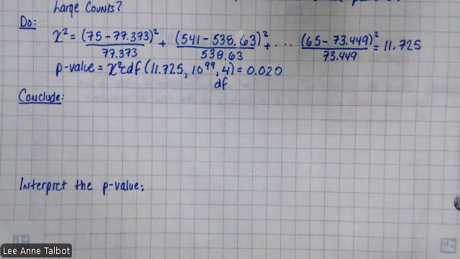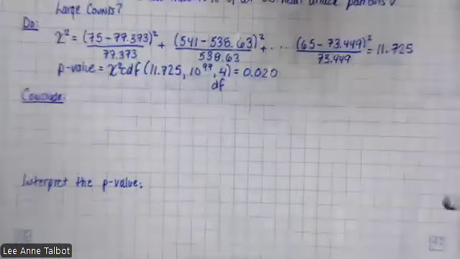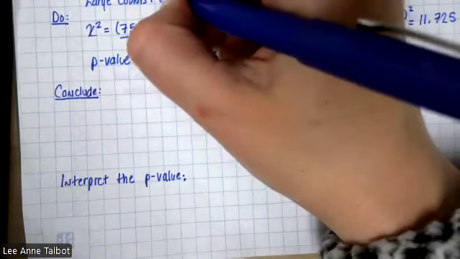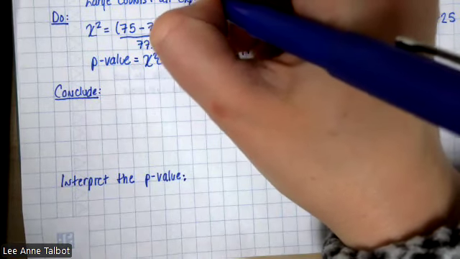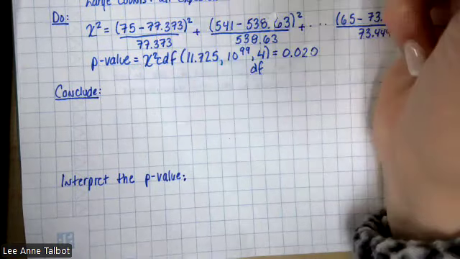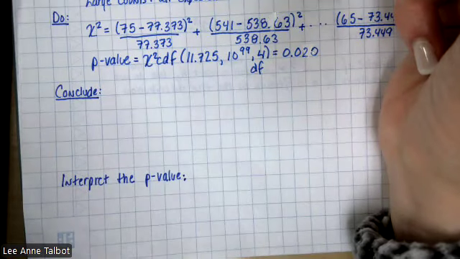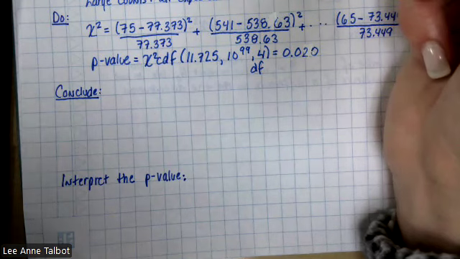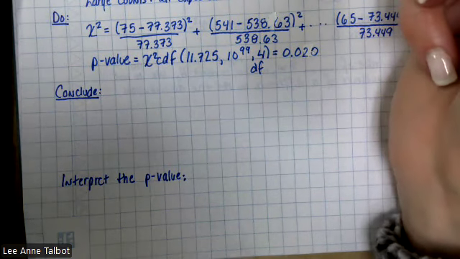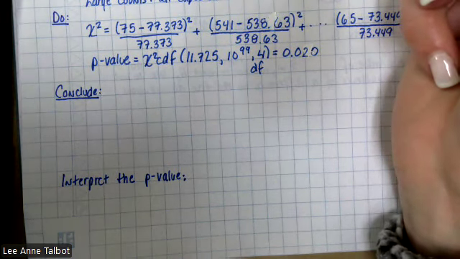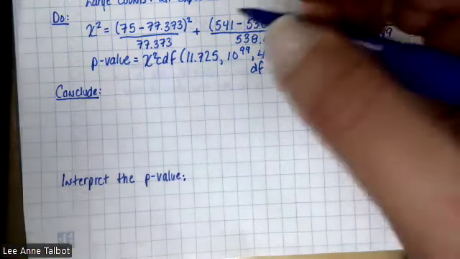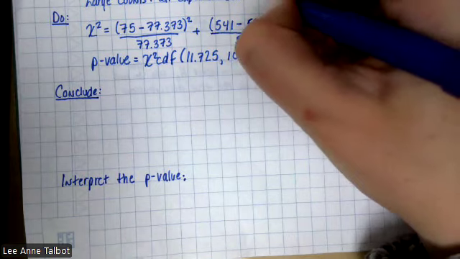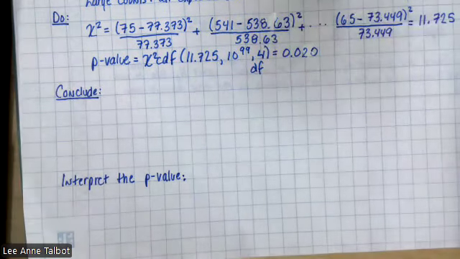Okay, back up here. Are all the expected counts greater than five? Yeah, they are. Nope, there's none of that on the whole chi-square business.